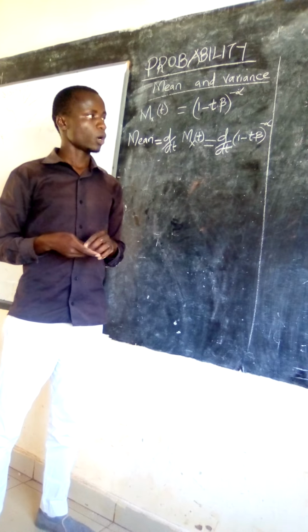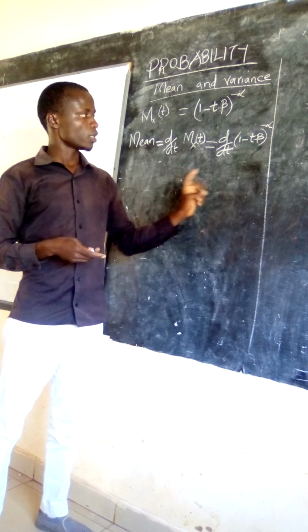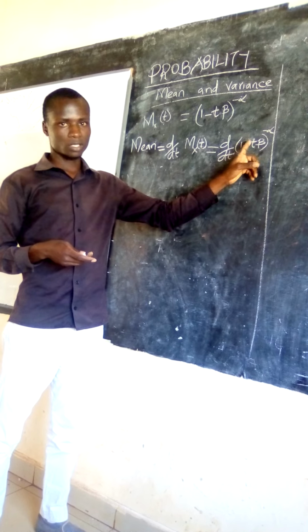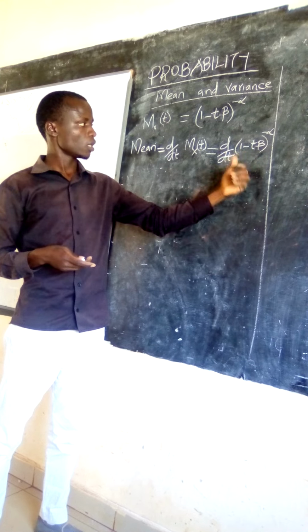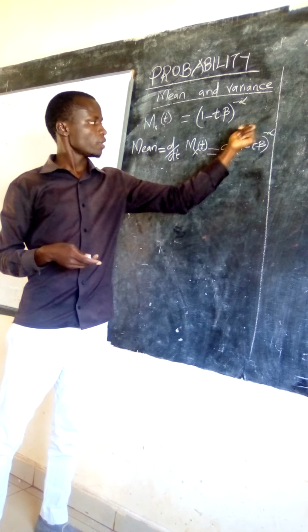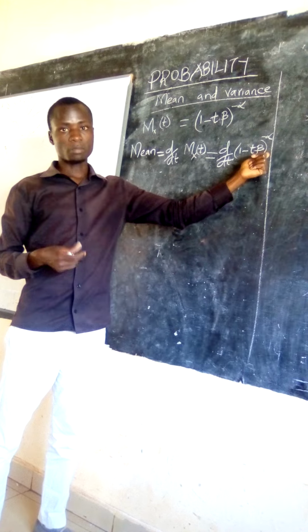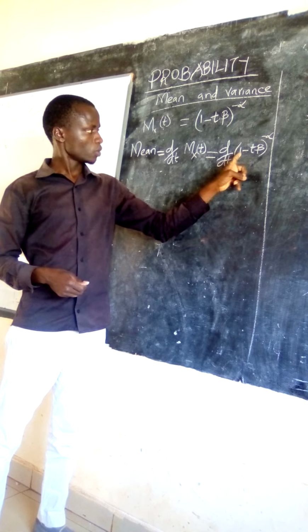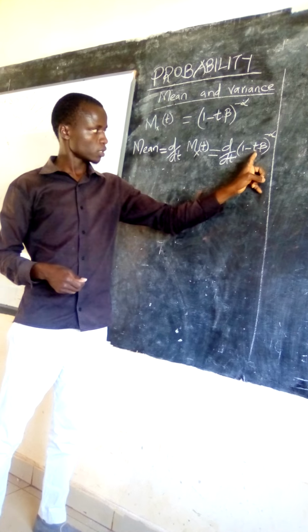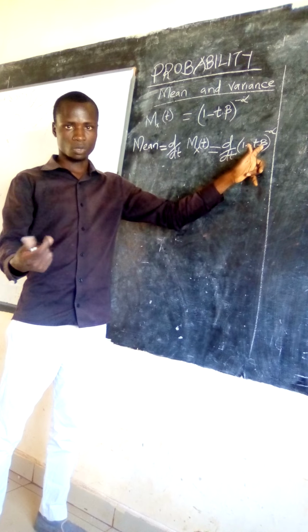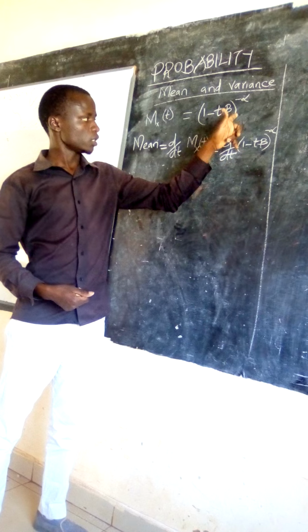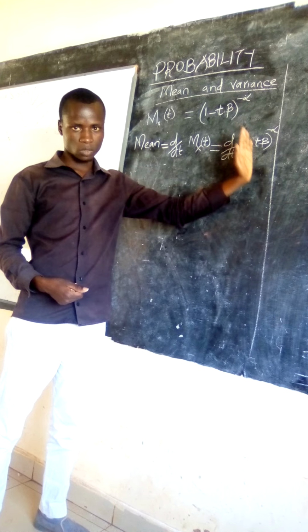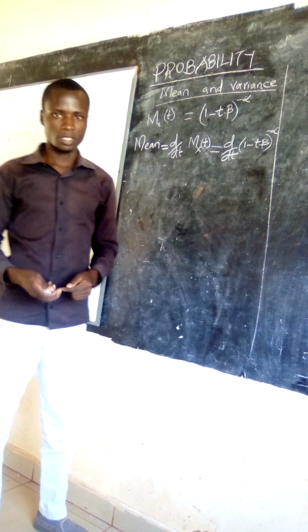On the chain rule, I need dy/dx, but here I have t. So I can say let my function M(t) be y, and the function inside, that is 1 minus t beta, be equal to u, so that dy/dt is the same as dy/du times du/dt.